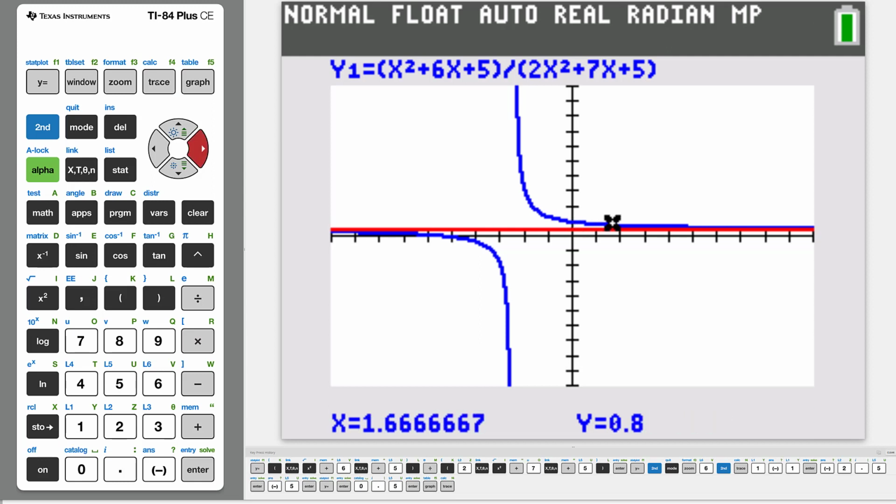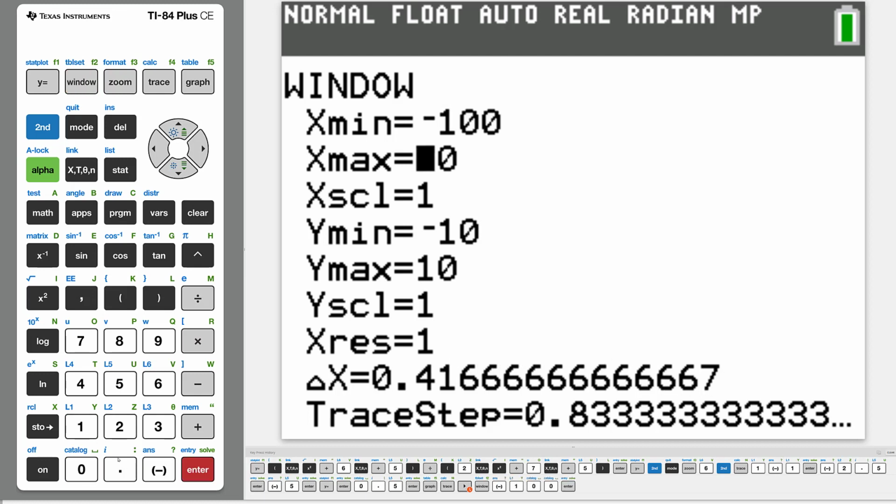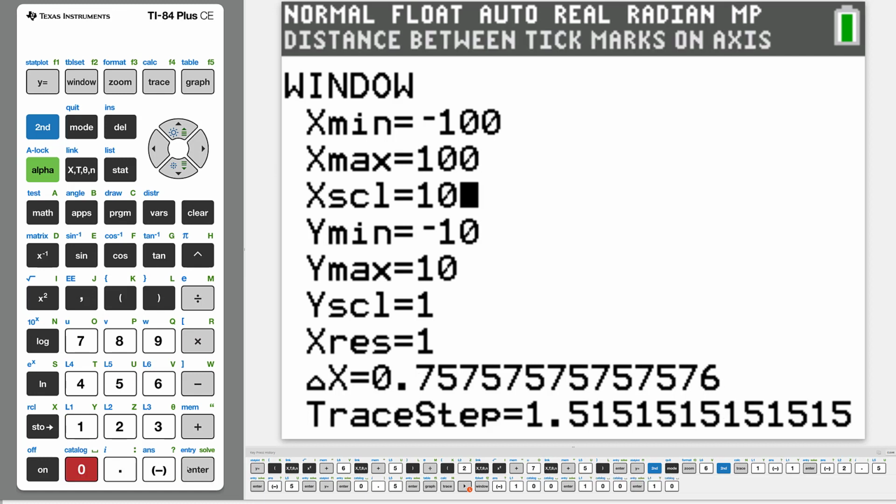But as you move to the right, look at how the y values are behaving. They're getting smaller and smaller, but they're not going to 0. They're going to 1/2. And in fact, if you don't believe me, you can open up the window and see. Do it like this. Let's open it up so we don't have to move around so much. Let's go negative 100 to 100, and we'll make the scale 10.